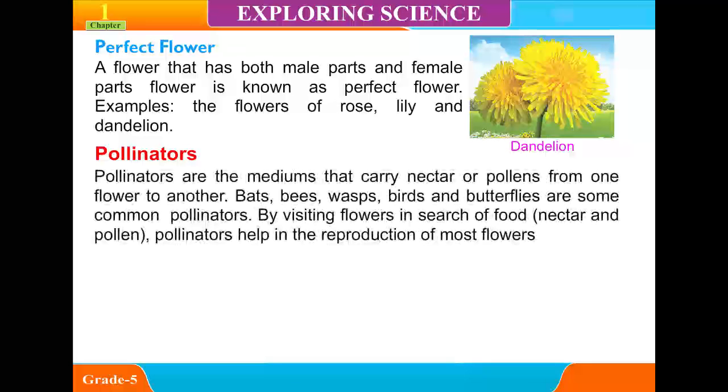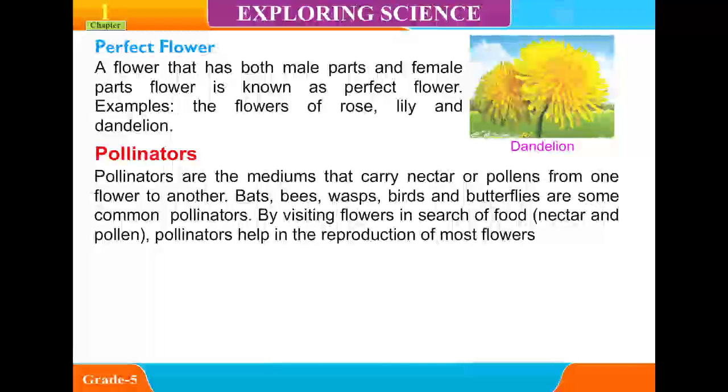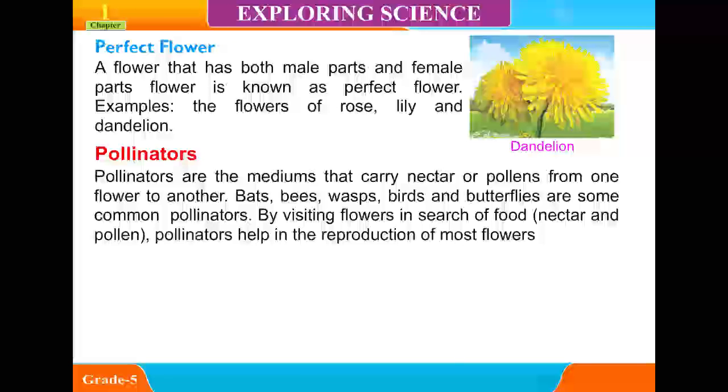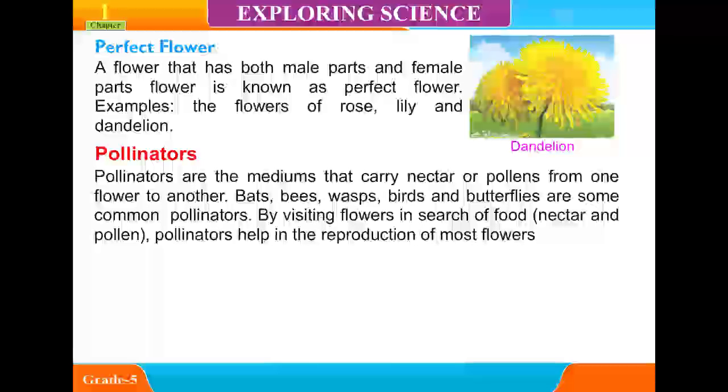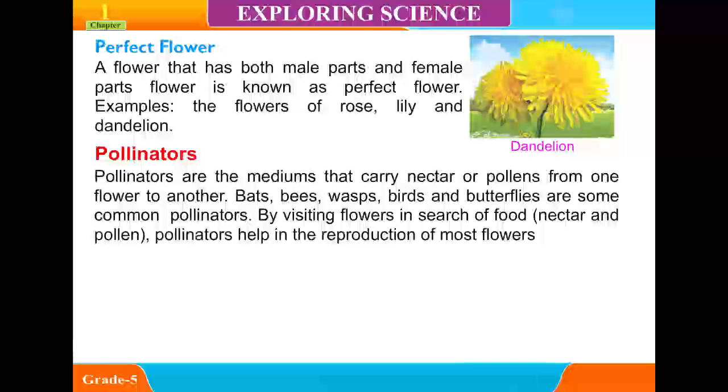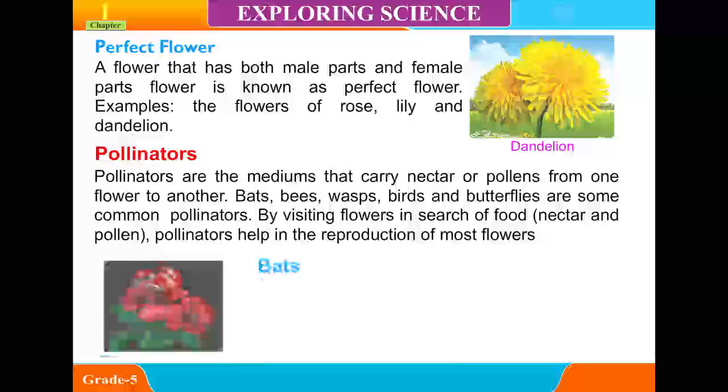Pollinators. Pollinators are the mediums that carry nectar or pollen from one flower to another. Bats, bees, wasps, birds, and butterflies are some common pollinators. By visiting flowers in search of food, nectar and pollen, pollinators help in the reproduction of most flowers.